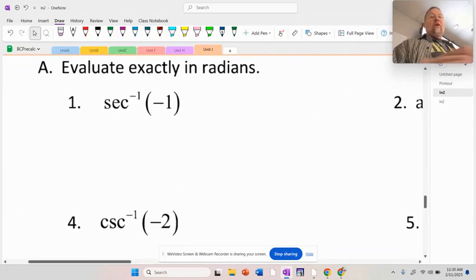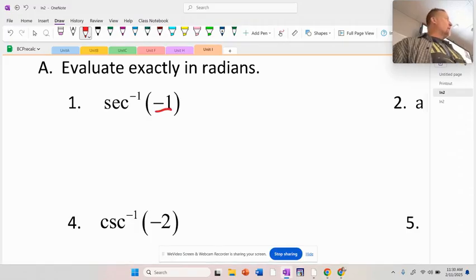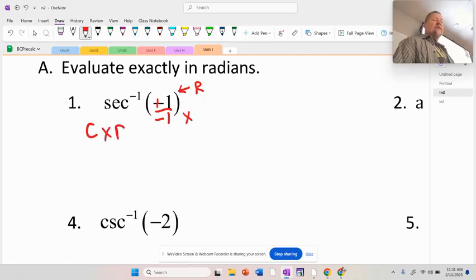Where's inverse secant of -1? By the way, -1 over 1. So really what this says is, this is always the escape if you don't know what you're doing. You should at least know secant is related to cosine. This is if you don't have your stuff memorized and you freak out.